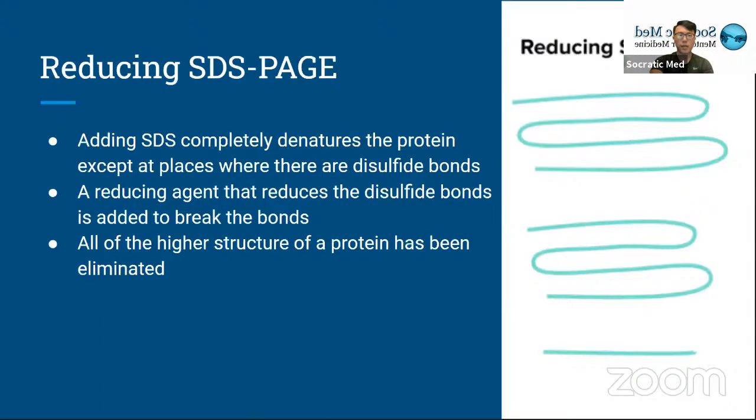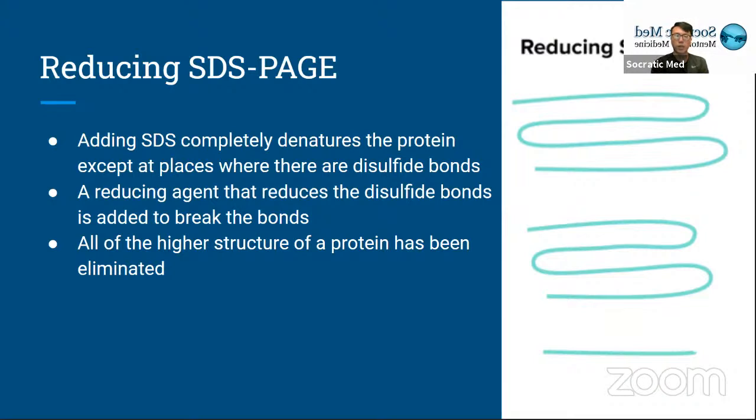So that's SDS PAGE. There's a form of SDS PAGE called reducing SDS PAGE. Besides adding SDS, which completely denatures the protein except at places where there are disulfide bonds, you add a reducing agent that reduces the disulfide bonds as well.